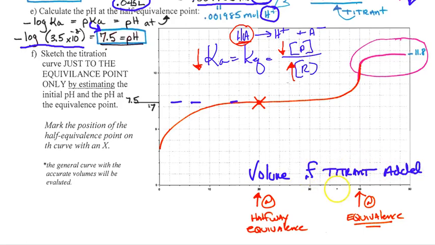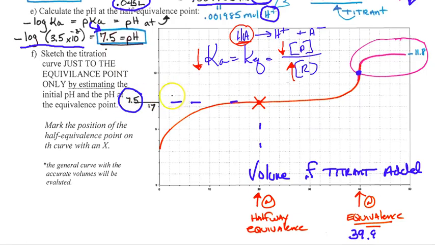Very important. So at 39.97, whatever I have here, that's about 40 is the equivalence. Okay, so halfway would be about 20, right? So that's why we're at 20, and we know the pH equals the pKa at approximately 7.5.